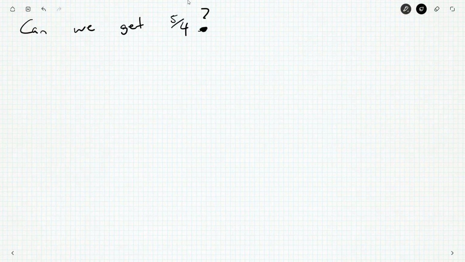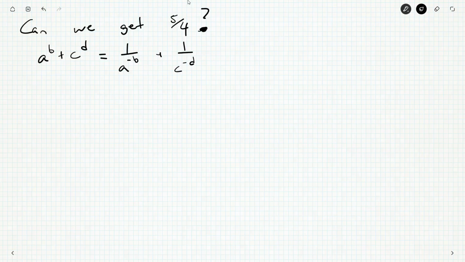No matter what B and D we choose, A to the B plus C to the D is still 1 over A to the negative B plus 1 over C to the negative D. And these guys here are integers. So both of these things are less than or equal to 1.